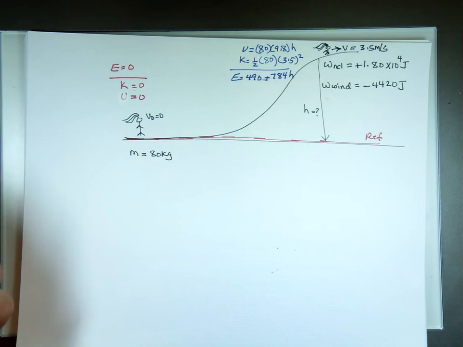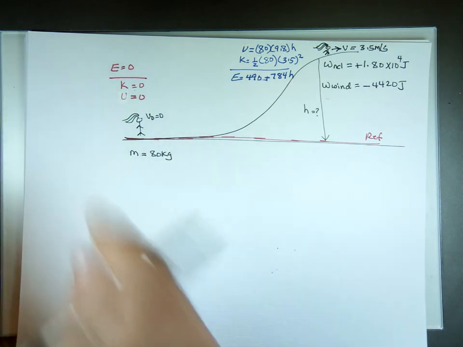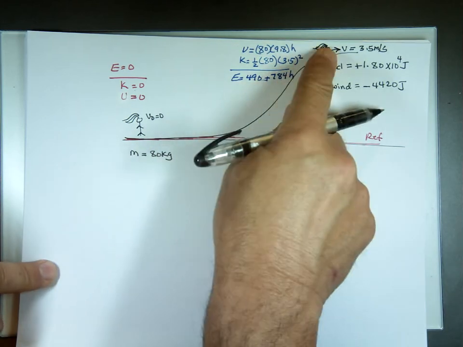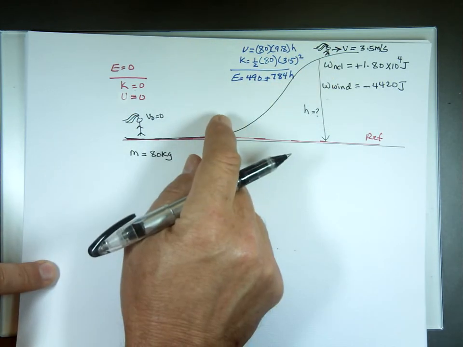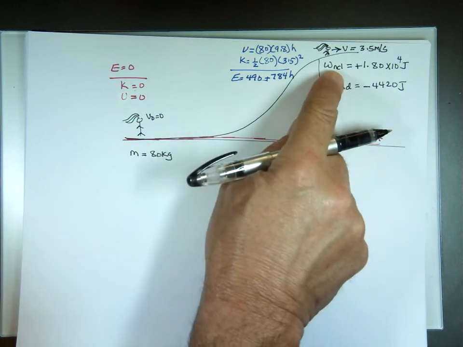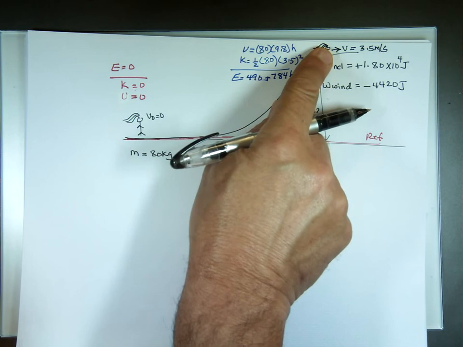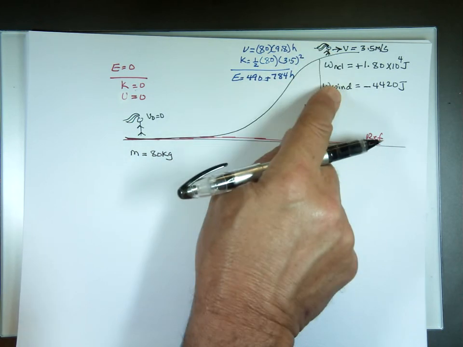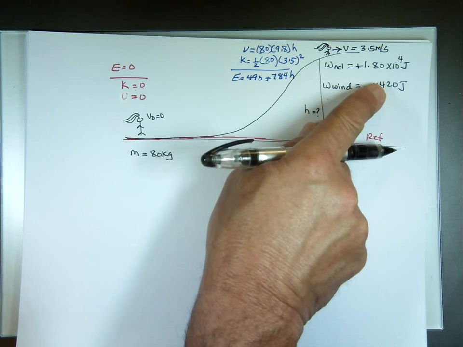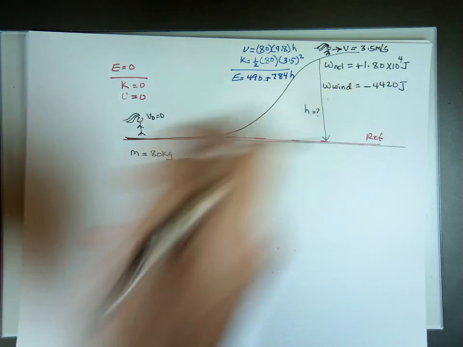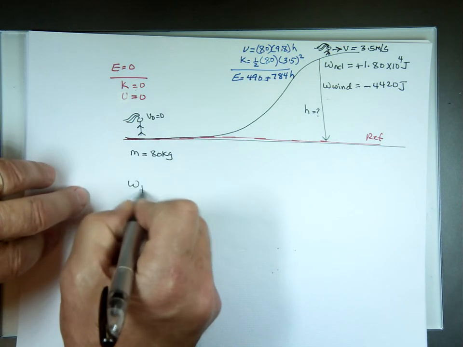It says, as the person ran there, the work done by the non-conservative force is plus. That's the person, the runner. He also lost how much? 4420. So the net work, W net, or total amount of energy, is going to be what?